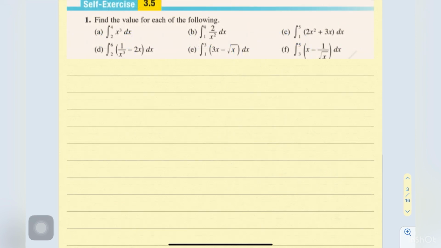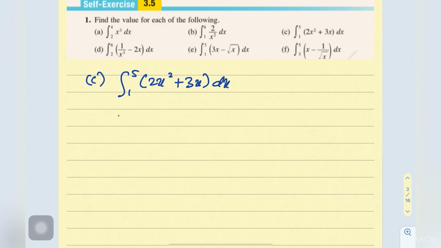Question C, integrate from 1 to 5, 2x squared plus 3x dx. This one we directly integrate to 2x cubed over 3 plus 3x squared over 2, from 1 to 5.